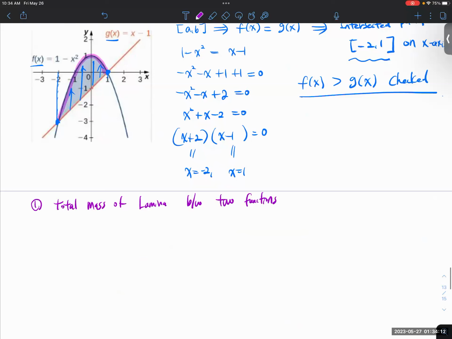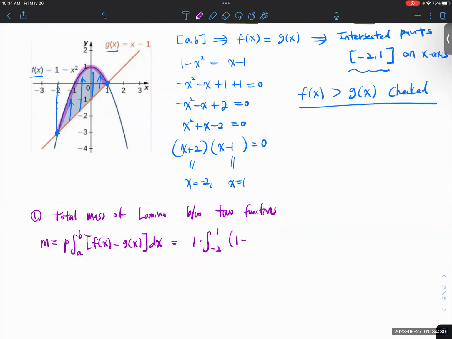So we know the formula: rho times the integral from a to b of the larger minus the smaller height function dx. So rho is given as 1, a to b is negative 2 to 1. What is f? 1 minus x squared minus g, x minus 1, dx.